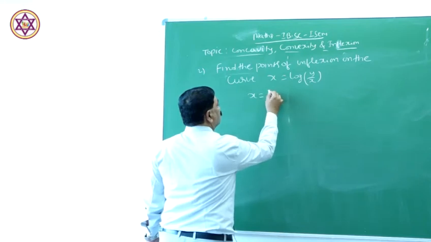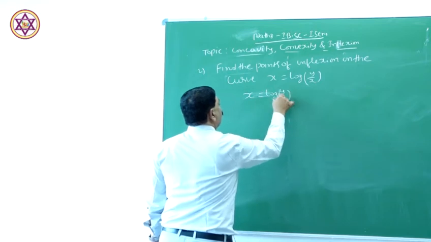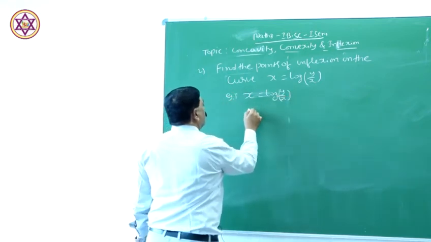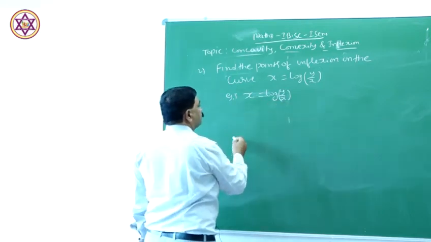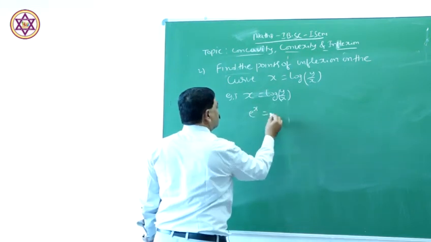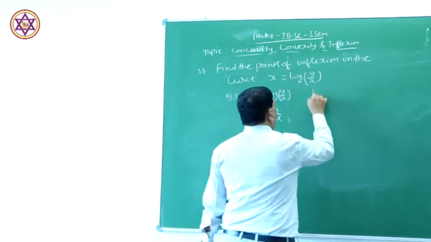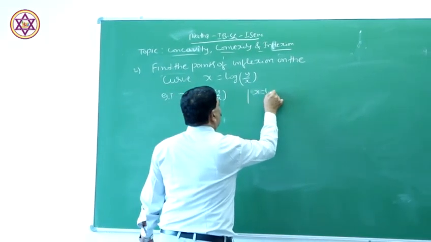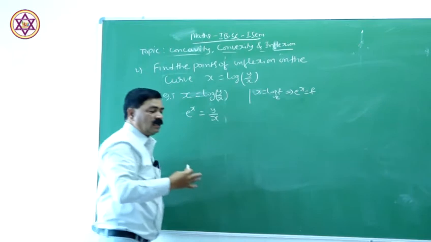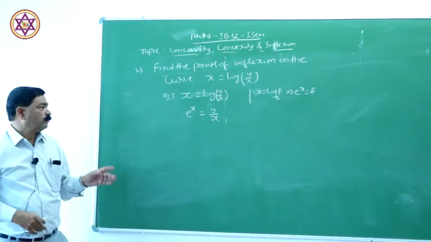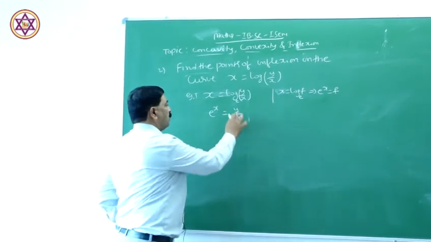So x is equal to log y by x. This becomes e power x is equal to y by x, because we know that x is equal to log of y by x. Converting logarithmic form to exponential form, if we take e power x, we get e power x is equal to y by x.